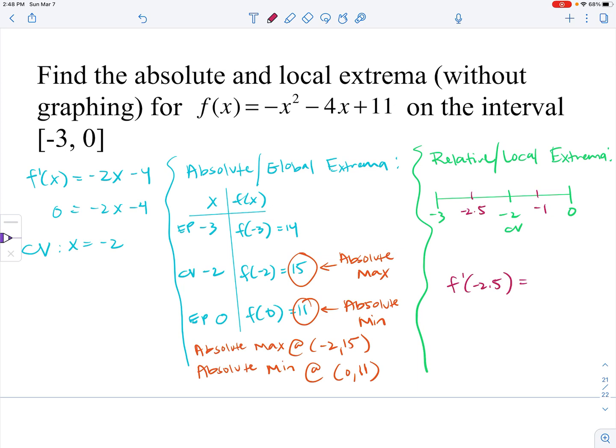Okay, so -2 times -2.5 will be a positive value greater than 4. So then when we subtract 4, we'll still have a positive value. F prime of -1, that would be 2 minus 4, which would be -2. So we'll go to negative. So increasing to decreasing, meaning -2, again, will be a local max or relative max.